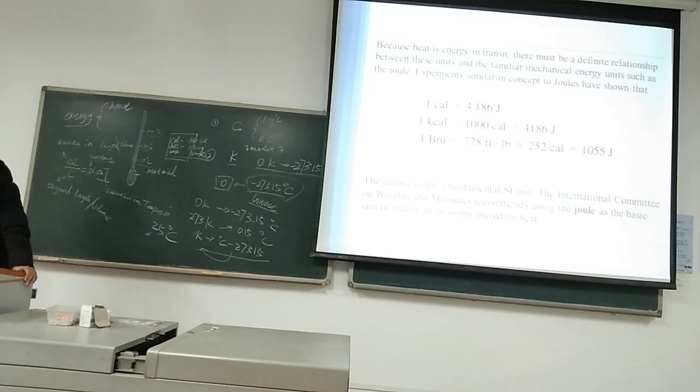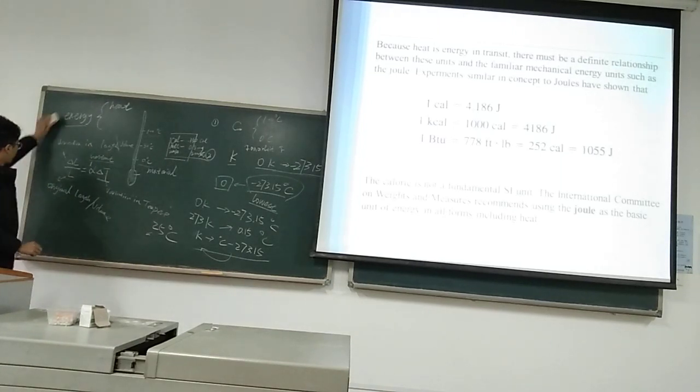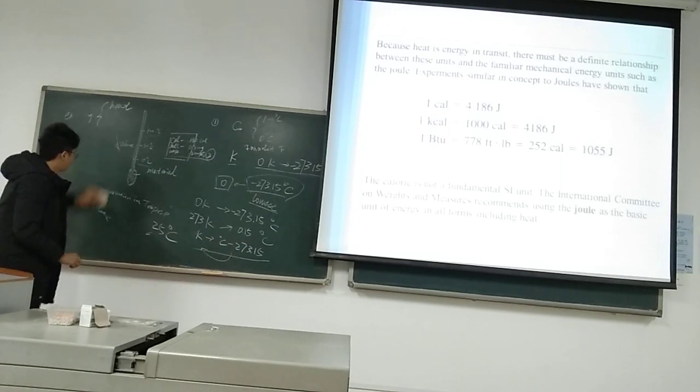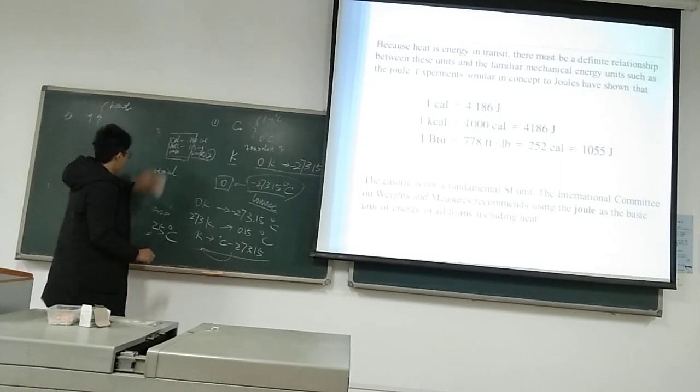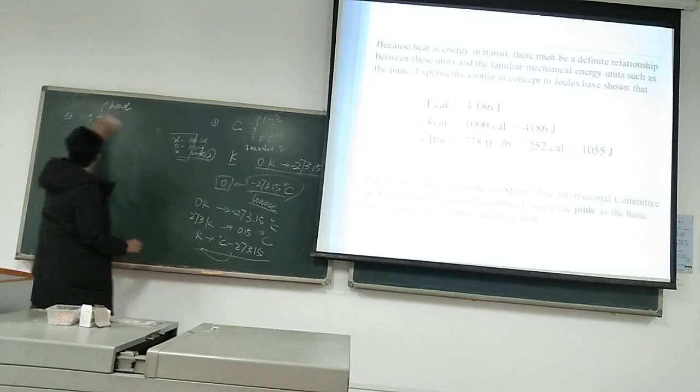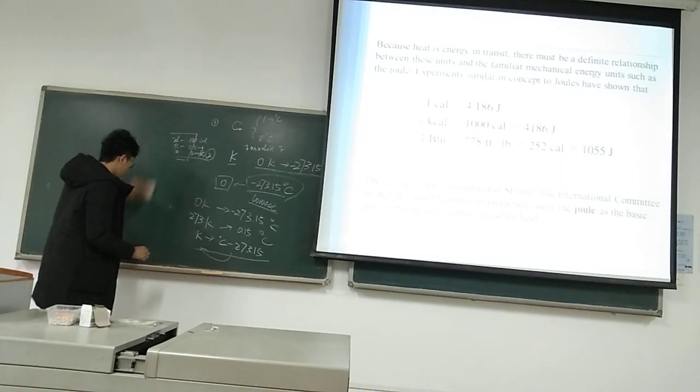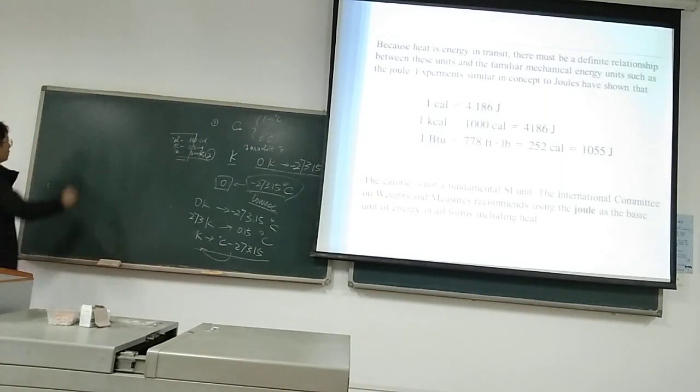Of course, even though it is not an international unit, it can be converted. And there is an equation for it. 1 calorie equals 4.186 joule. The joule may be more familiar to us. In the last semester, we have learned the work and the kinetic energy.